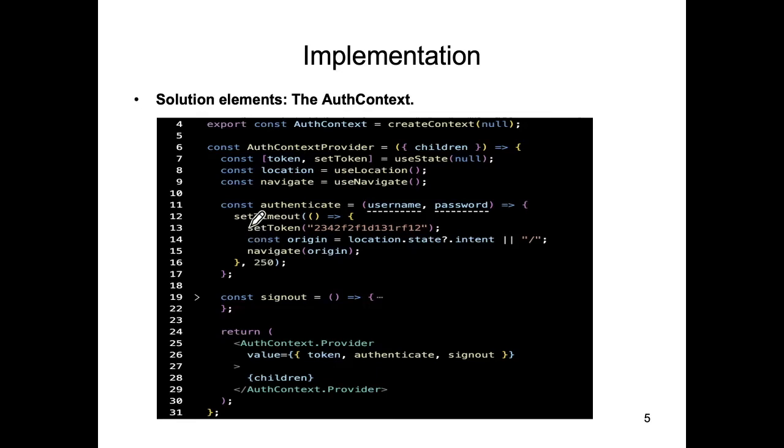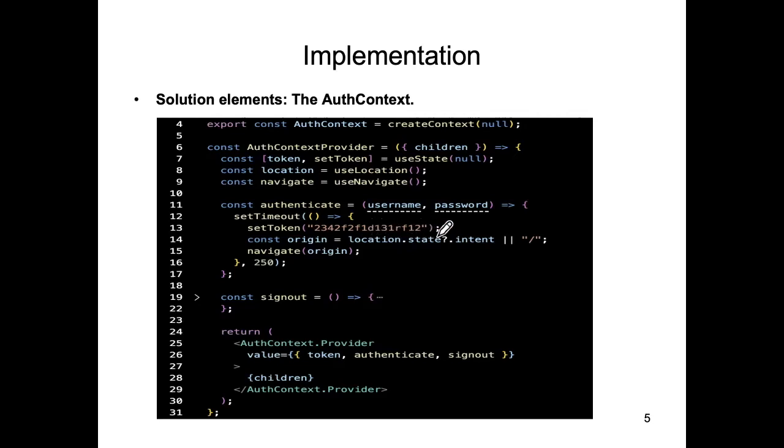Now, what does the callback do then? Well, I'm just hard coding a token. I'm setting the token value to this. Again, it's just simulation. So that's fine. And for now, you can take this line here as how I find out where the user was trying to go to before we forced them to the login page.